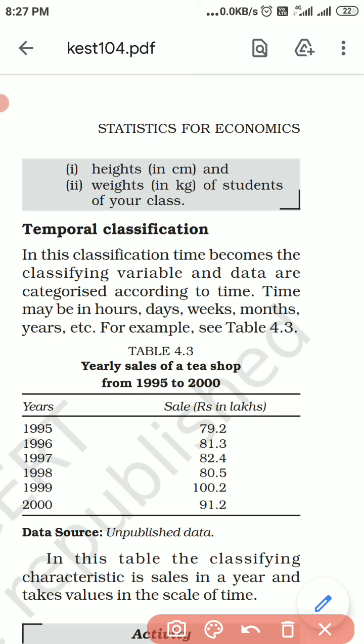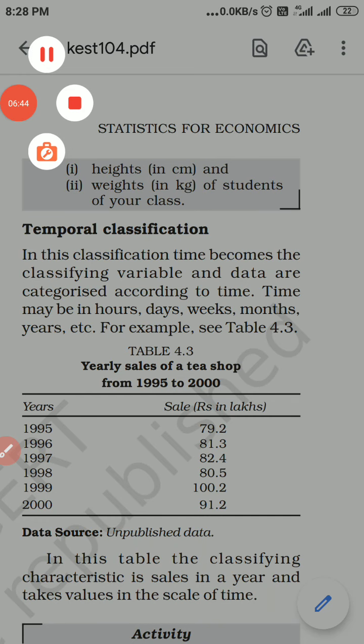You can see in the table below, time is shown. Particular time is shown like 1995, 96, years sale. So a particular year has a particular sale. So you can show the table very clearly.